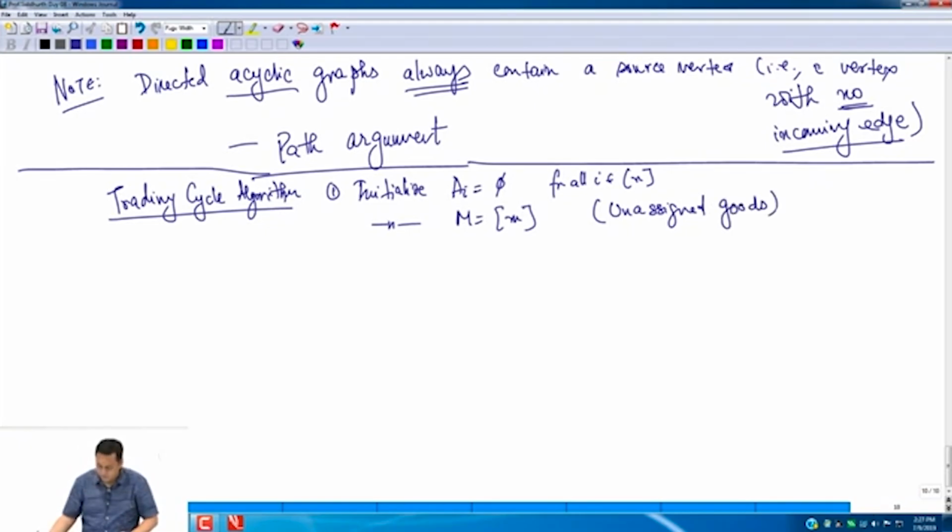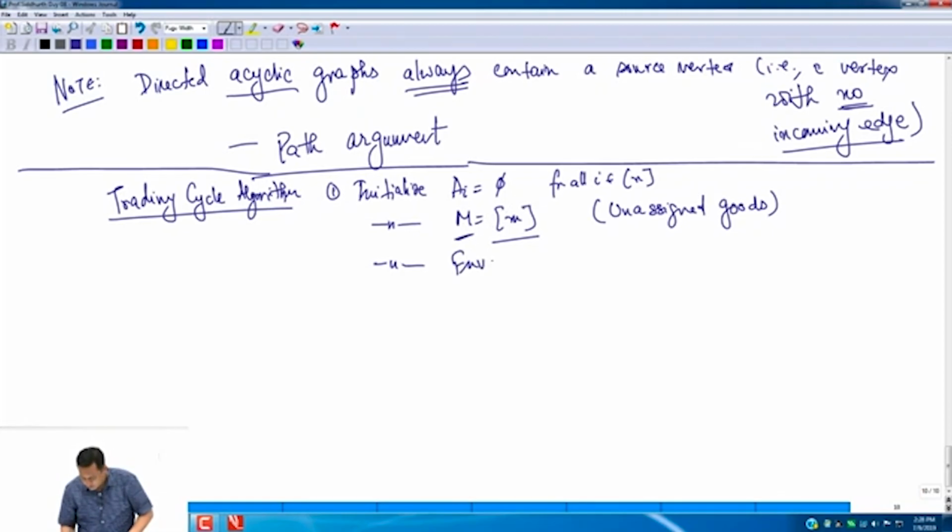It's an iterative process, and as I move along I'll reduce this set capital M, removing one good after the other. M is the set of goods unassigned at any point of time. Initially, everything is unassigned, so M is the set of all goods.